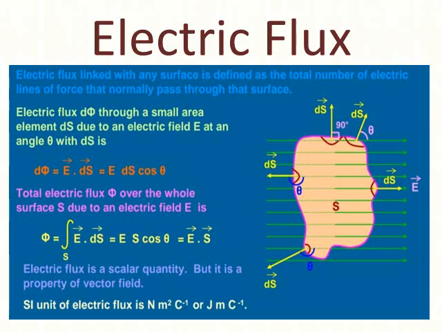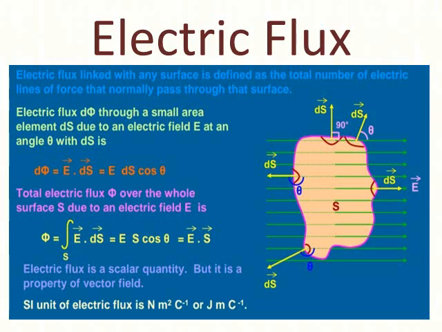If an electric field E passes normally through an area element delta S, then the electric flux through this area will be E into ds.